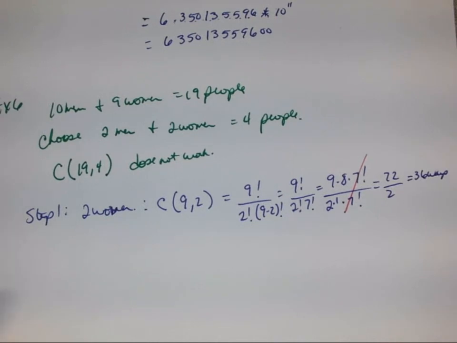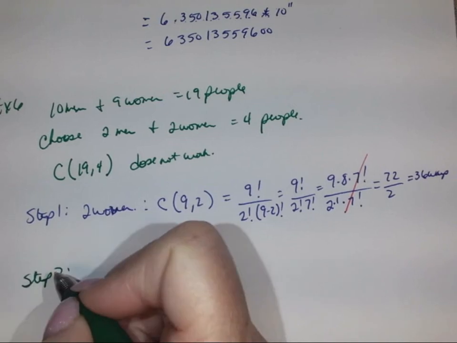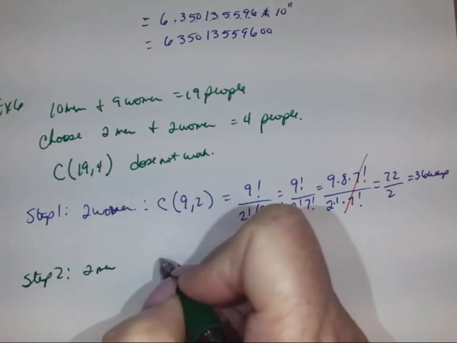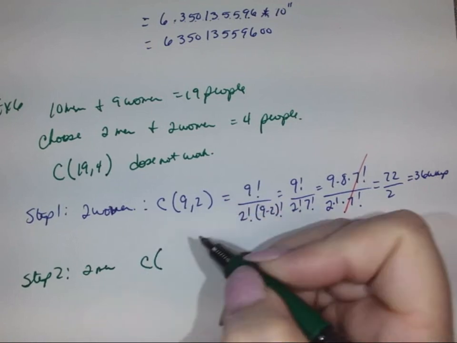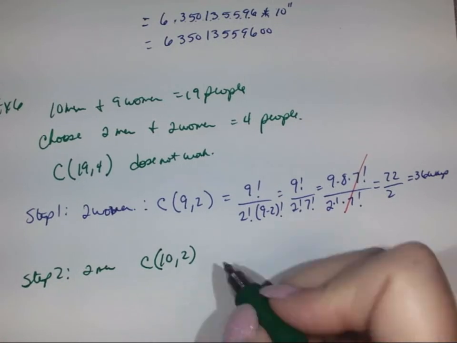Now we're going to go to step 2. So step 2 is going to be 2 men. We had 10 men, we're going to choose 2.